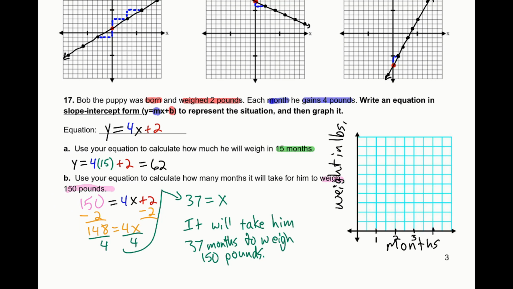But in pounds, I'm going to start off 1, 2, 3, 4. There's 5, and there's 10. All right, so my b value, the y-intercept there, is 0, 2. So at birth, Bob was 2 pounds, and each month, so to the right 1 month, he gains 4 pounds. So right there is going to be another point.